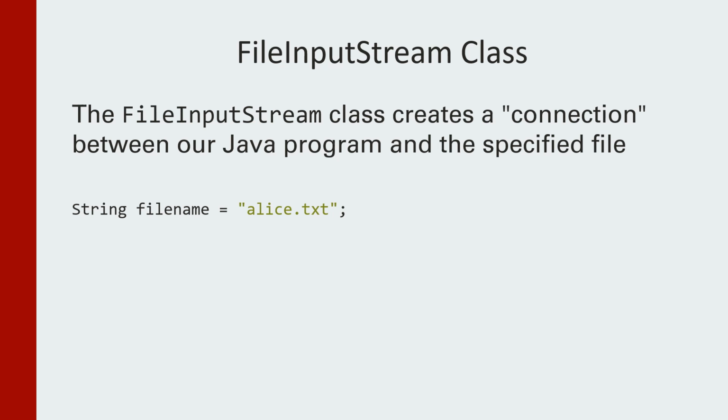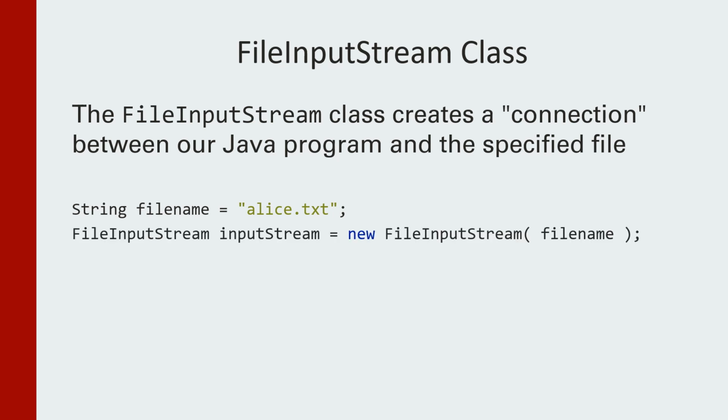Now I'm in a Java program, and I'm going to create a new FileInputStream object. FileInputStream is equal to new FileInputStream, and in the parentheses I have the file name. I saved alice.txt as fileName, and now I can create a FileInputStream object that refers directly to that file.